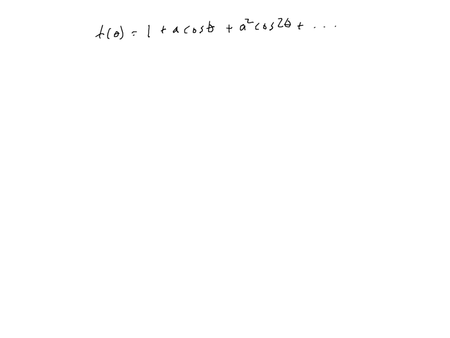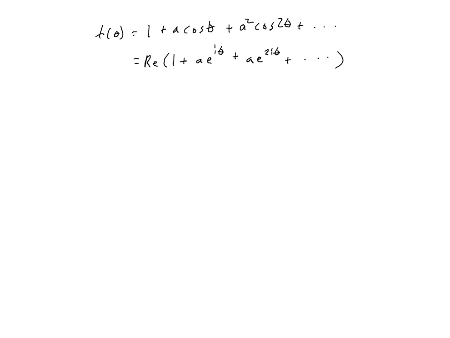But what you can do is you can think of this as a power series by thinking about it as the real part of an exponential. Like this. And you can see that these are equivalent to each other, right? The only difference is this looks like a geometric series.